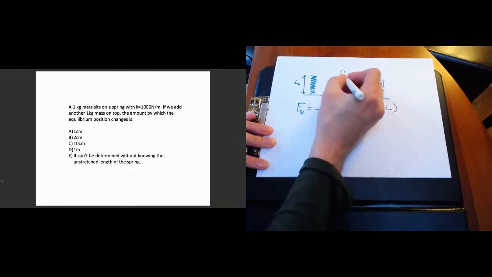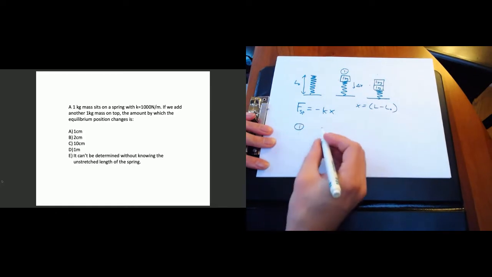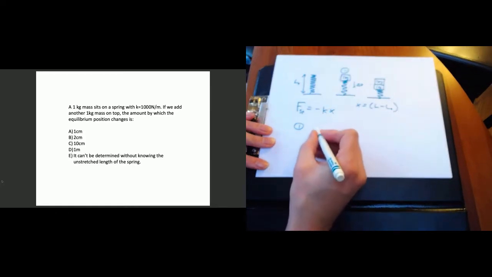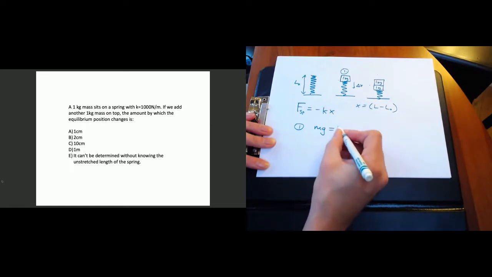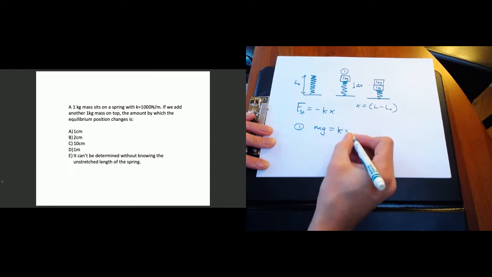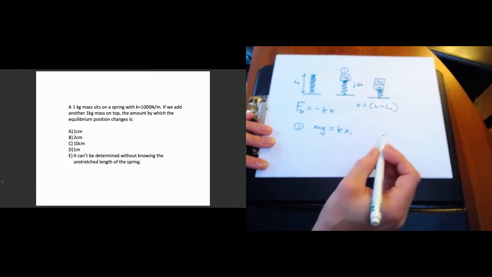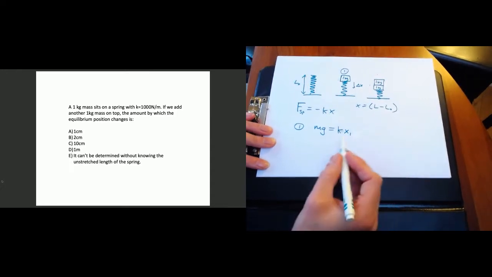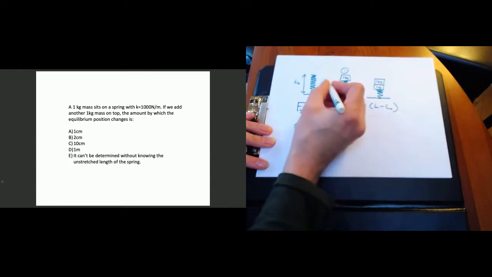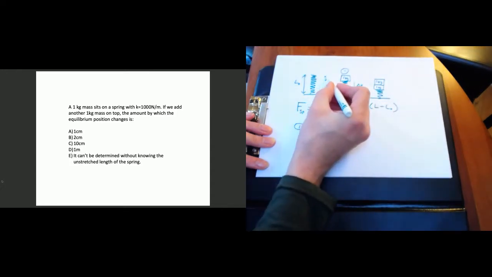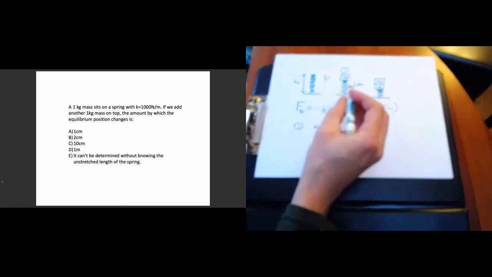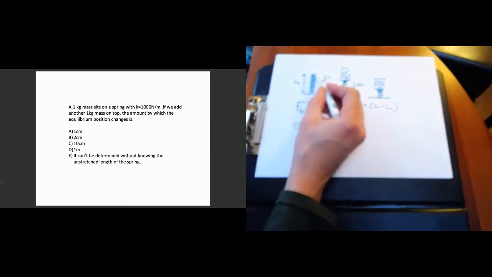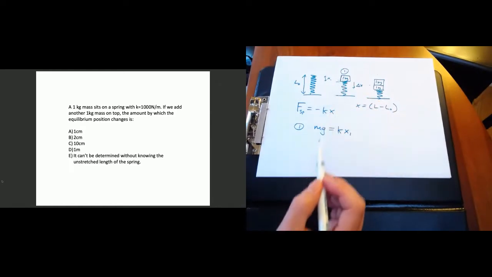And so in situation number one, what we can say is that mg, which is the downward force due to gravity, is going to be equal to k times x1, where x1 is going to be equal to, I'll just define that to be this positive distance between the top of the unstretched spring and the top of the spring in this situation.